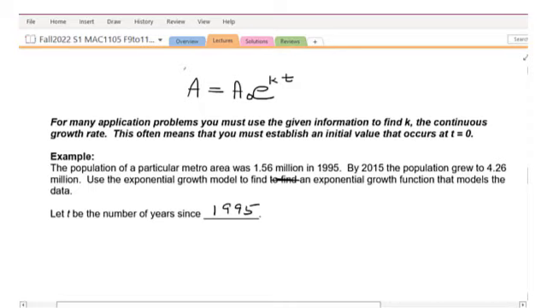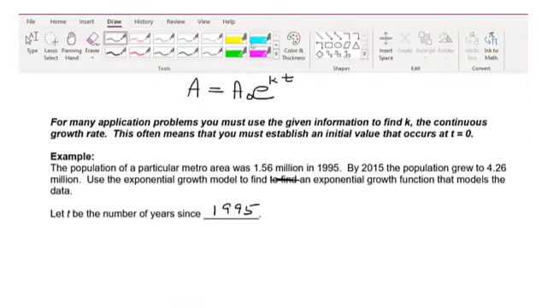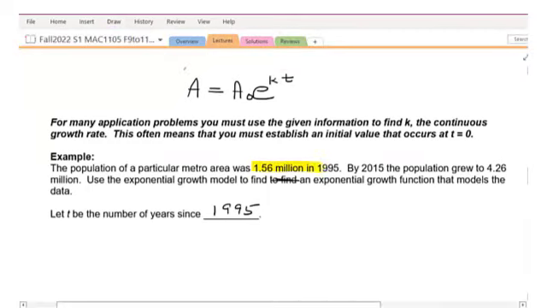1995, that's right. So when they say that the population was 1.56 million in 1995, what information are they giving you? What variable represents the starting population? Is it A sub 0, k, or t?